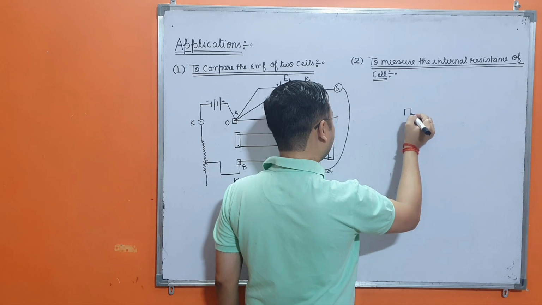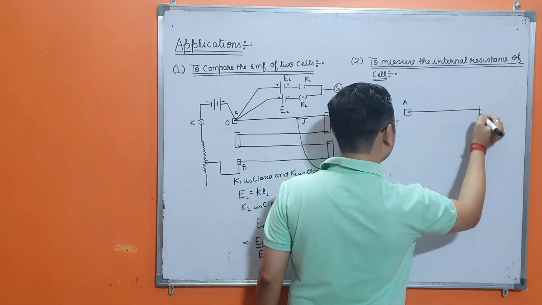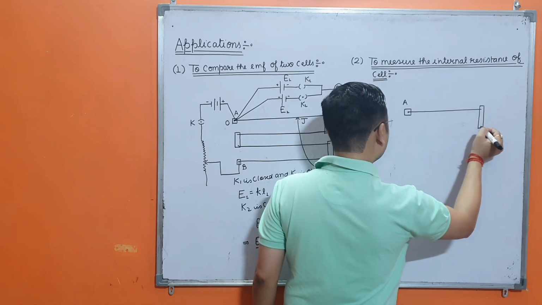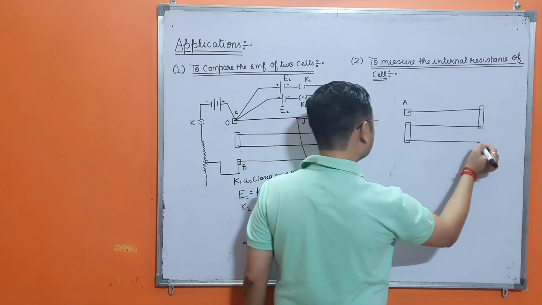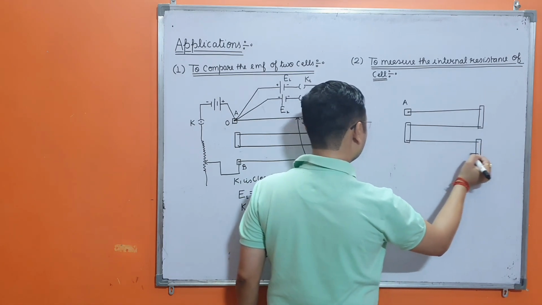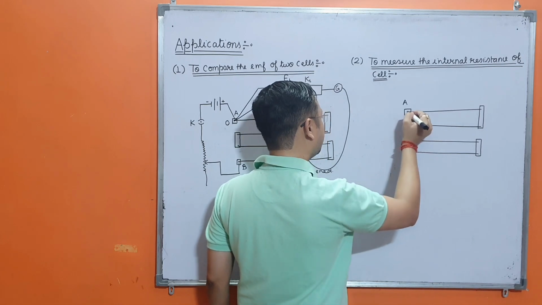So this is the end A of the potentiometer. I am just drawing the potentiometer of the length of 400 centimeter.